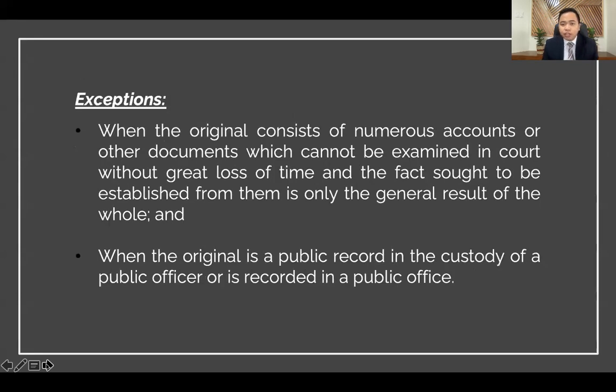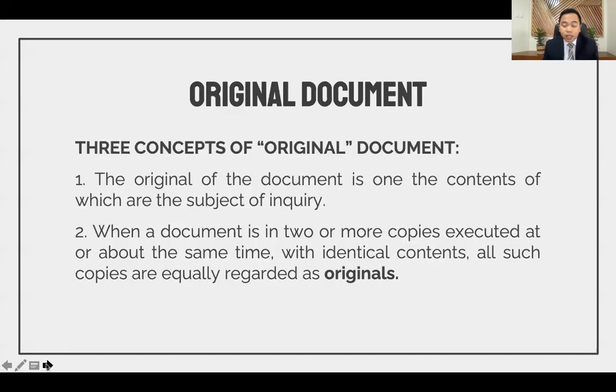Third, when the original consists of numerous accounts or other documents which cannot be examined in court without great loss of time, and the fact sought to be established from them is only the general result of the whole. And fourth, when the original is a public record in the custody of a public officer or is recorded in a public office.